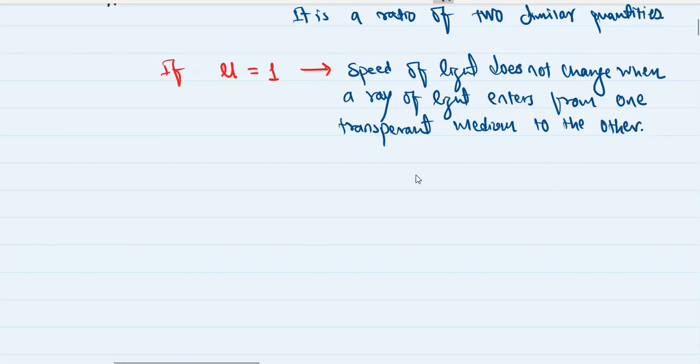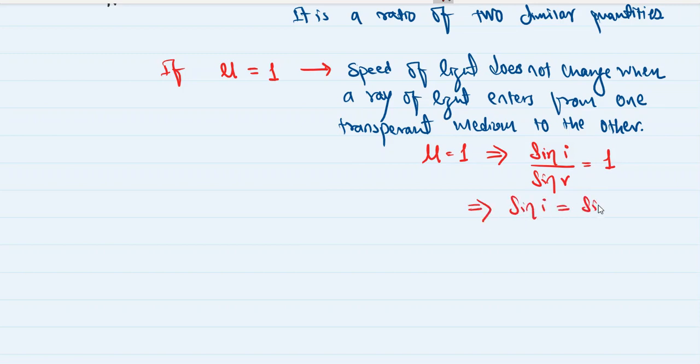Now, understanding it further, refractive index being 1 implies that sine of angle of incidence upon sine of angle of refraction is also 1, which implies that sine of angle of incidence is equal to sine of angle of refraction, which in turn implies that angle of incidence is equal to angle of refraction.